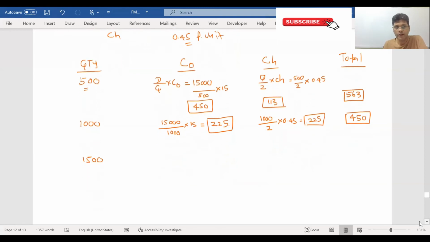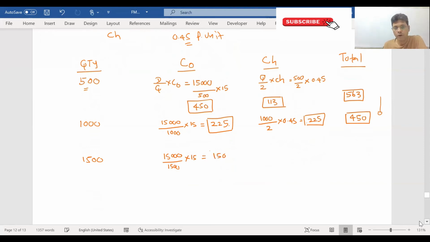Let's order 1500 and we'll see whether we can reduce the cost. We need to identify the minimum cost, that will determine the optimum order quantity. 15,000 is the demand. Now you are ordering 1,500 times 15, so that will give you 150.